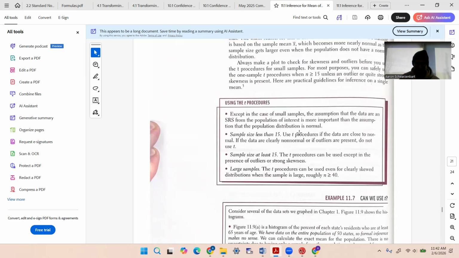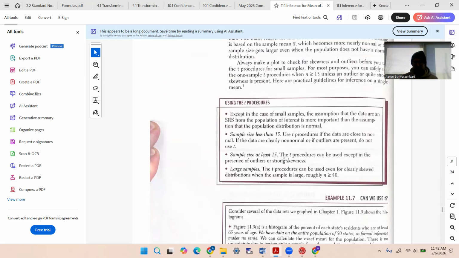For a sample size less than 15, you can use the T procedures if the data are close to normal. If the data is clearly non-normal or there are massive outliers, then you can't use T, but only if it's clearly non-normal. With a sample size of 15 or more, T procedures can be used except in the presence of outliers and very, very strong skewness.